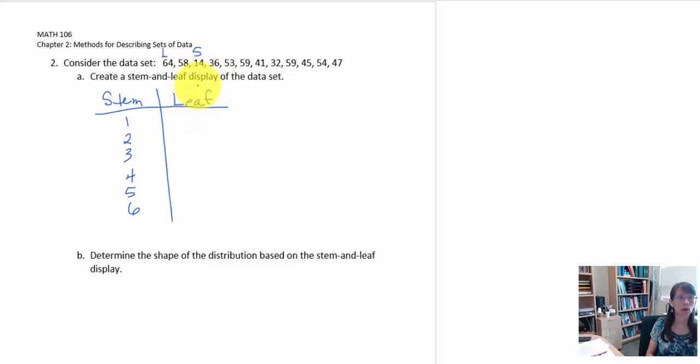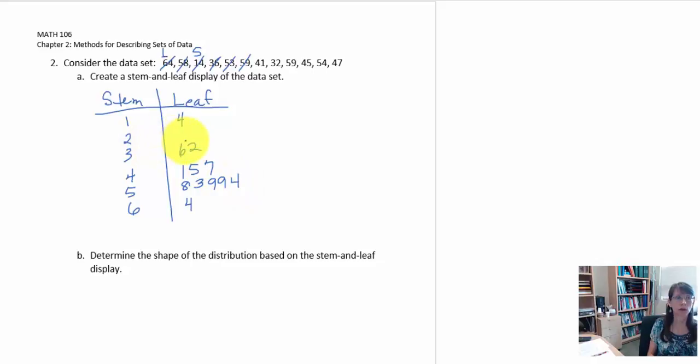Now I'm going to go one by one and write down the leaves. So with the number 64, stem of 6 pairs with the leaf of 4. 58 means stem of 5, leaf of 8. 14 has a leaf of 4. 36 has a leaf of 6. 53, 59, 41, 32, 59, 45, 54, and 47.